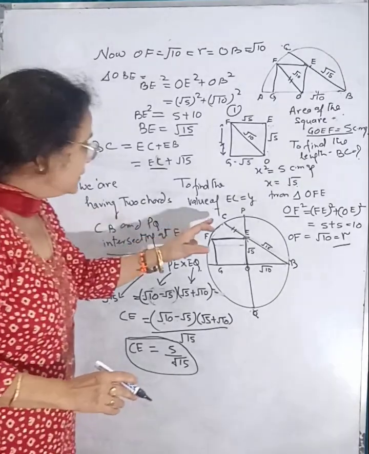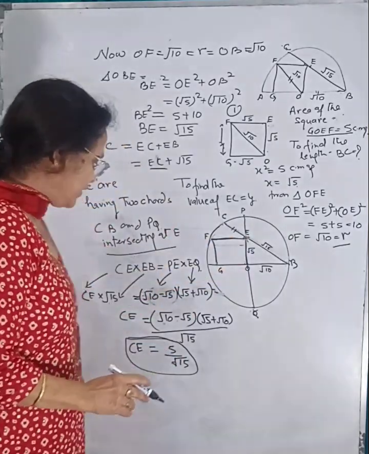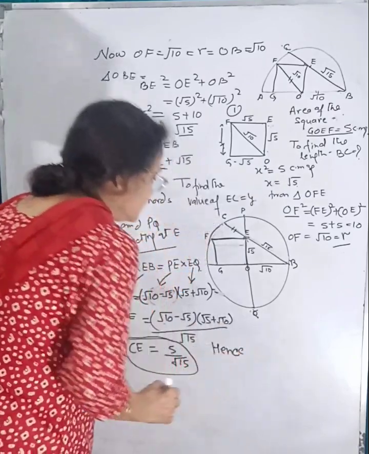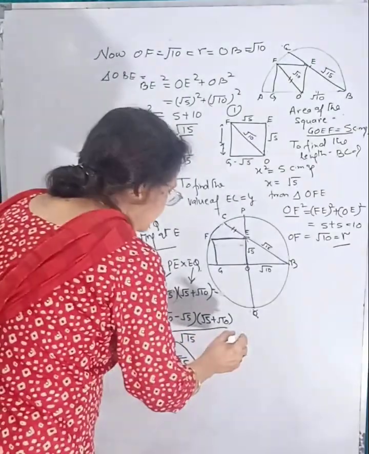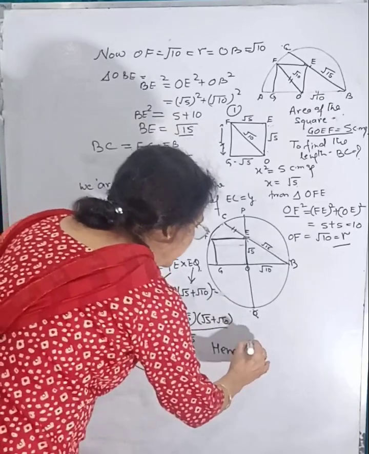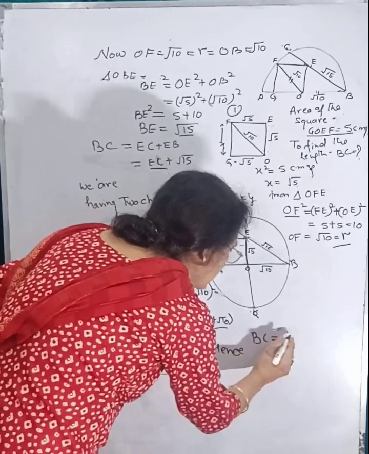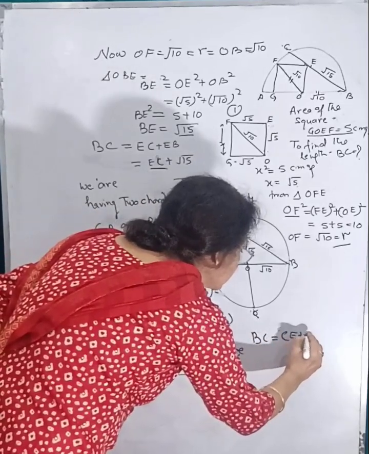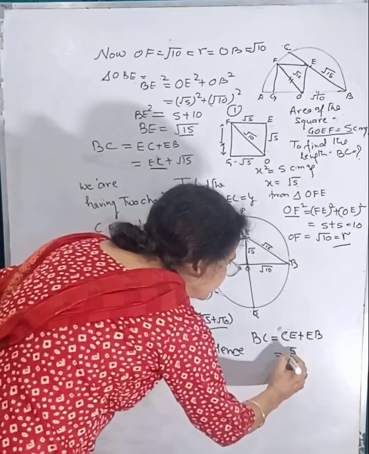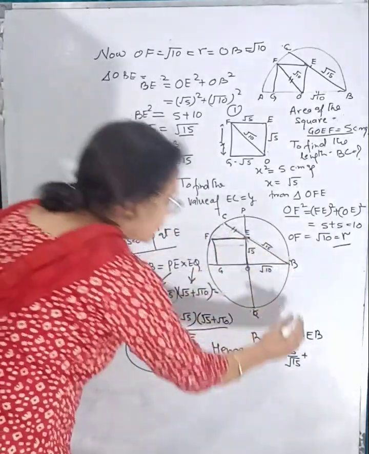We have to find the value of this CB. BC is equal to CE plus EB, that is 5 upon root 15 plus EB, and EB is equal to root of 15.